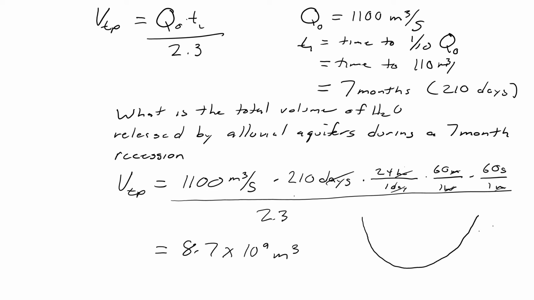So a way to think about that also is, let's say we have a stream. It's moving down. Here's the water level in the stream at the start of the recession, where we had a stream flow of 1,100 meters cubed per second.